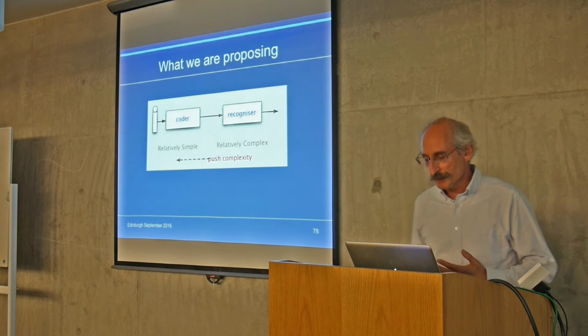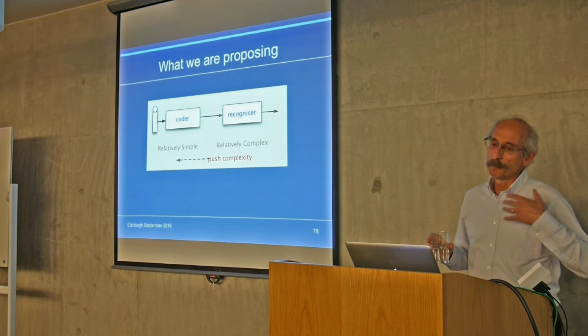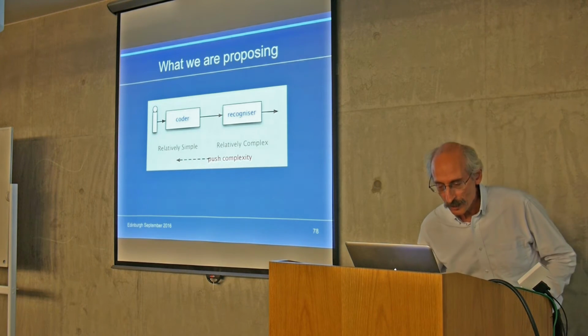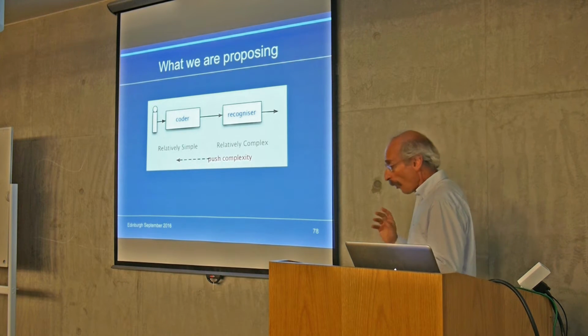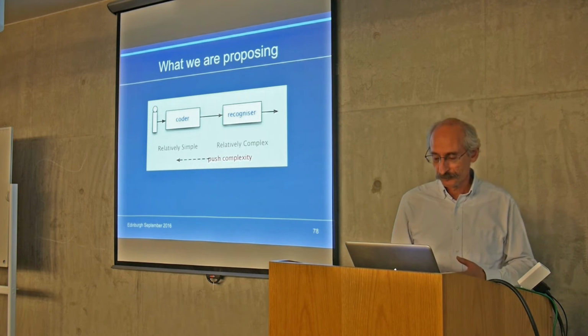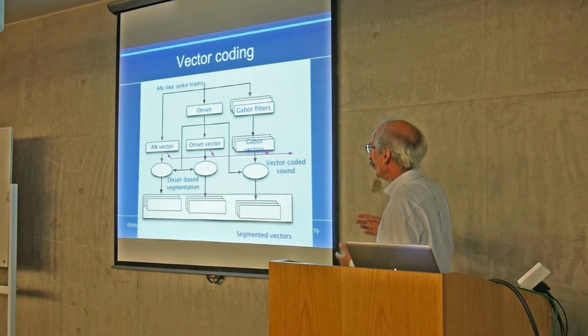So what I'm really thinking here is maybe if we had a bit more complexity in the coder, we might be able to work with either a slightly simpler recognizer or to get better results out of a sophisticated recognizer. So what I've been looking at is a variety of different sorts of coding.